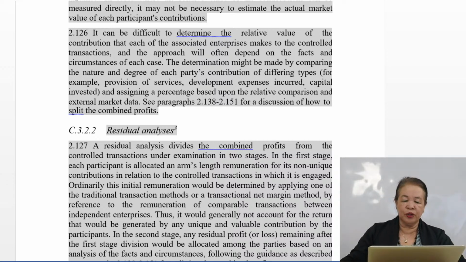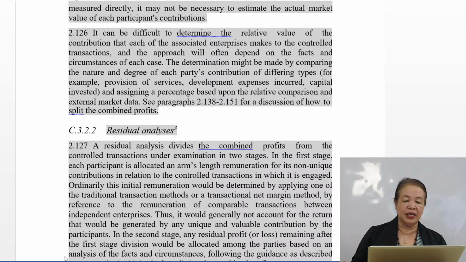So for example, provision of services, development expenses incurred, capital invested, and assigning a percentage based upon the relative comparison and external market data. No? So section C, paragraphs 2.138 to 2.151 for a discussion of how to split the combined profits, no?